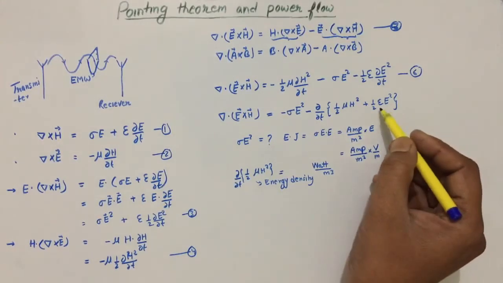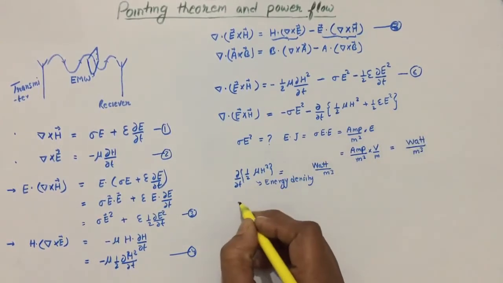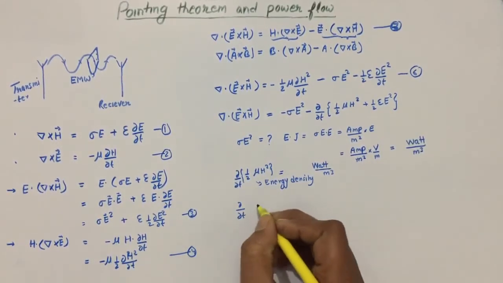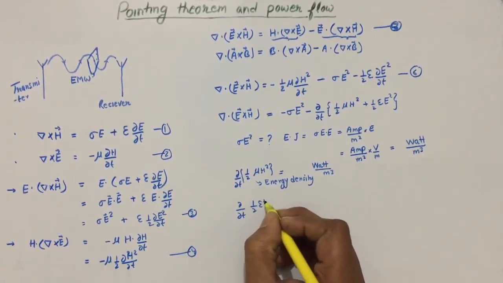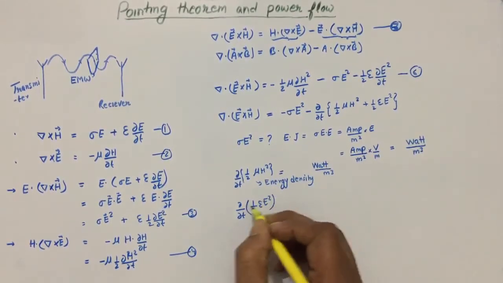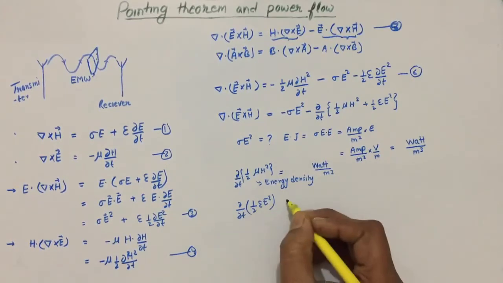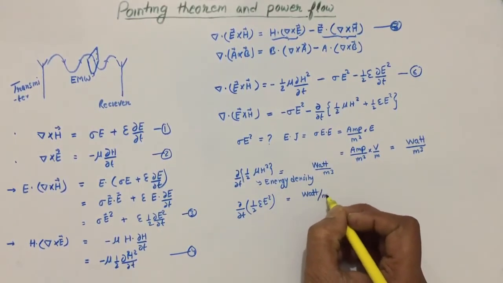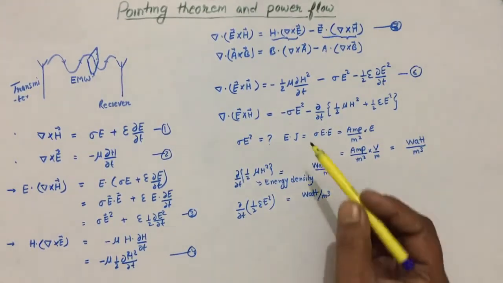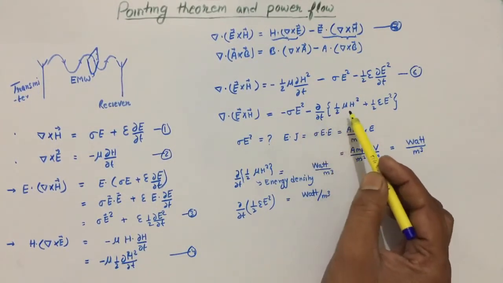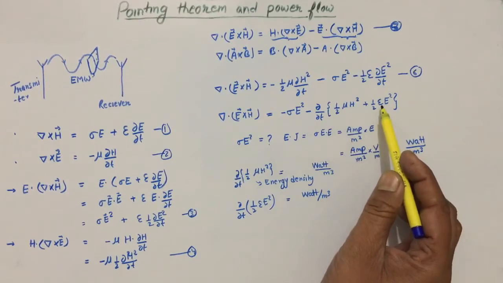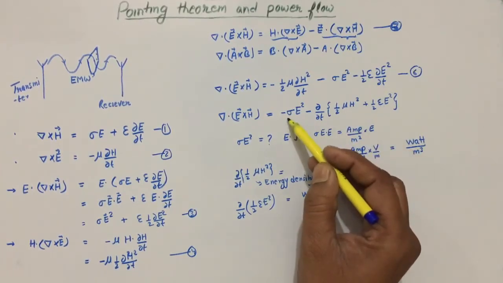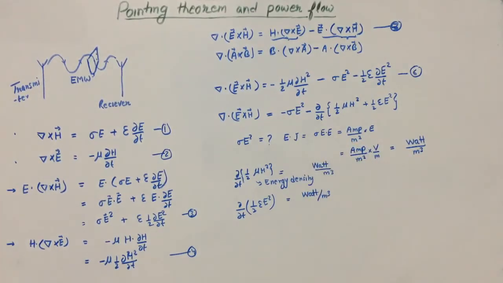Similarly, electrical energy density divided by time will be electrical power density, that is watt per meter cube. In this way we find these are power densities. So what we find from here?